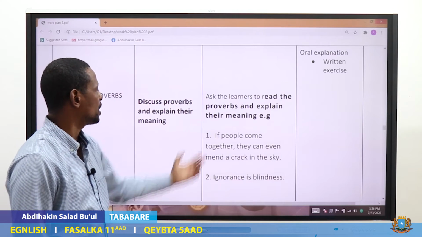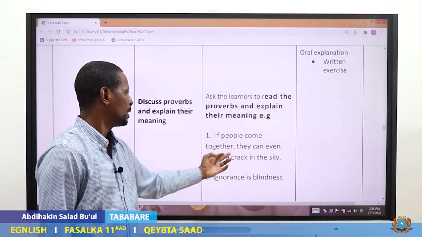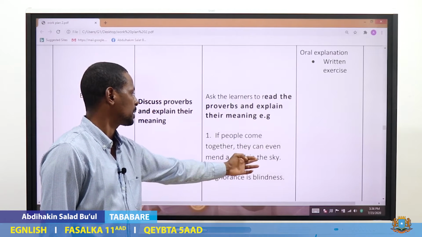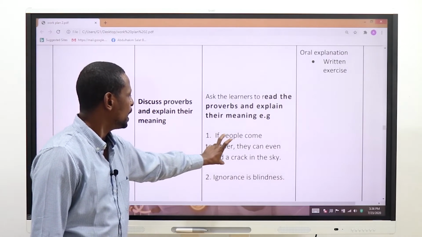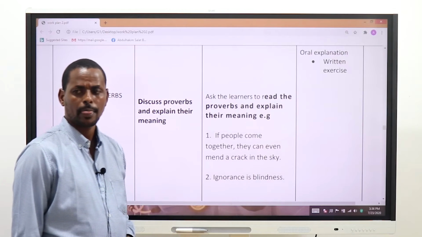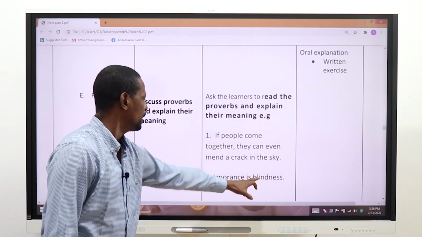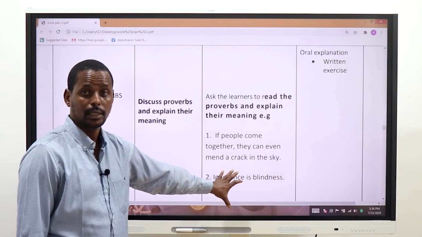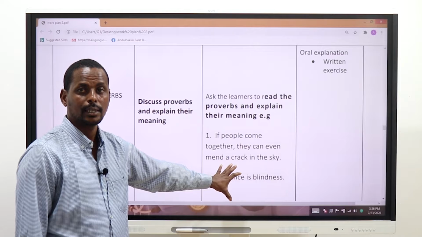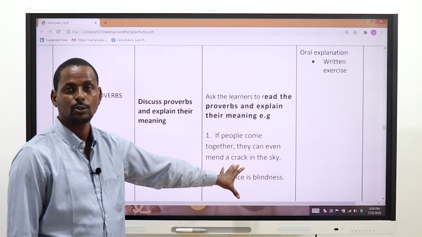If you look at these two examples, you can see: if people come together, they can even mend a crack in the sky. One, these are very few words. Ignorance is blindness. Only 3 words. But the knowledge it carries can fill a whole book. You can write a whole book out of it.